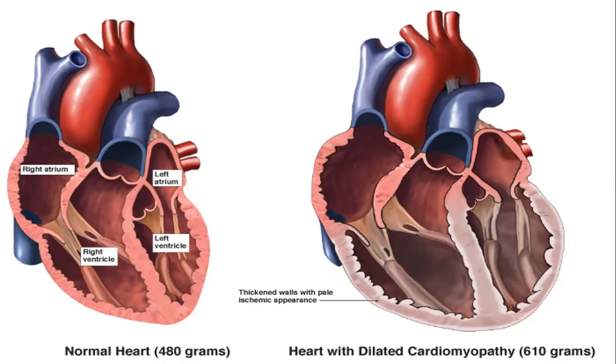In contrast, if exposed to chronic pressure overload, the heart may undergo either concentric left ventricular hypertrophy or dilated left ventricular hypertrophy with impaired functional consequences.